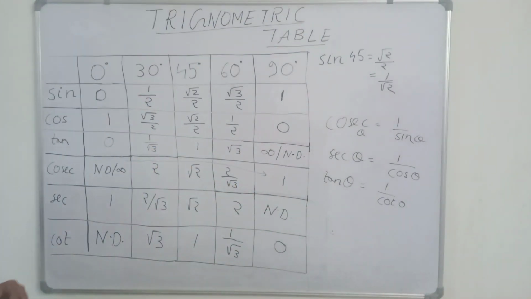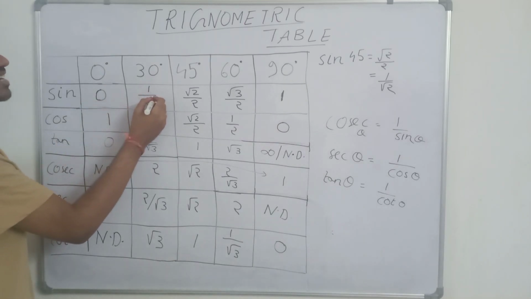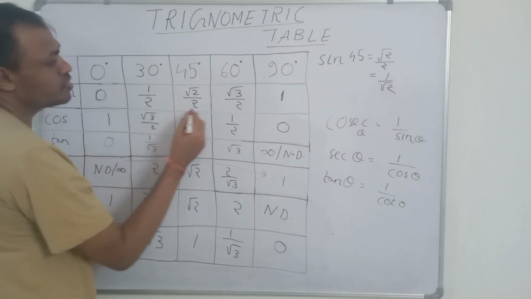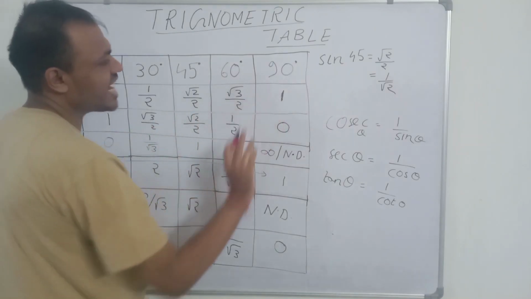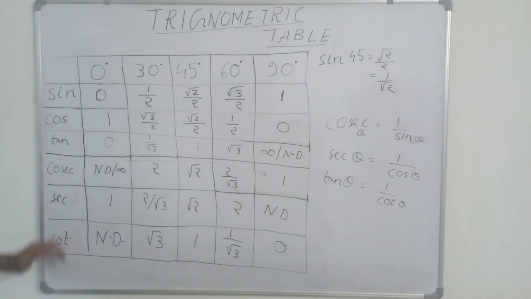Let's revise. For sine, 0 is 0, sine 30 is 1 upon 2, sine 45 is root 2 upon 2 or 1 upon root 2, sine 60 is root 3 upon 2 and sine 90 is 1. So you just have to remember these 5 values, and the rest of the angles you can calculate yourself using this trick.